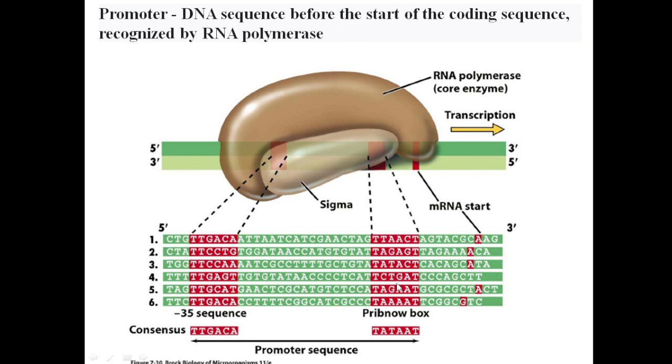In eukaryotes, the TATA box is a conservative sequence, and there is a conservative sequence at -35.